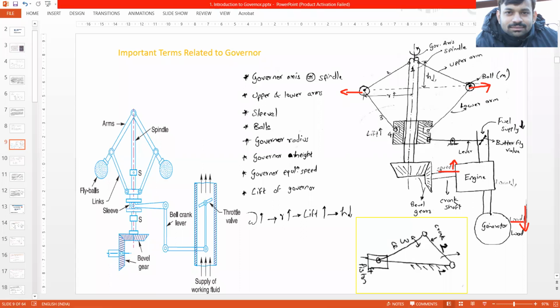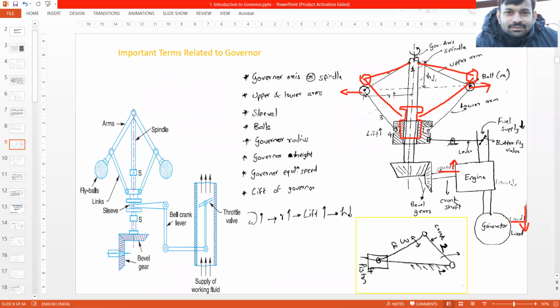So if they start rotating at higher speeds, this will lift up. This arrangement will become something like this, and the sleeve will also move up. So the arrangement would be looking something like this.